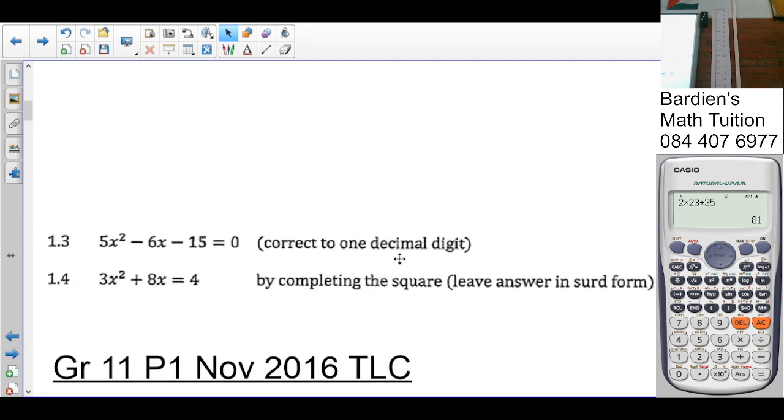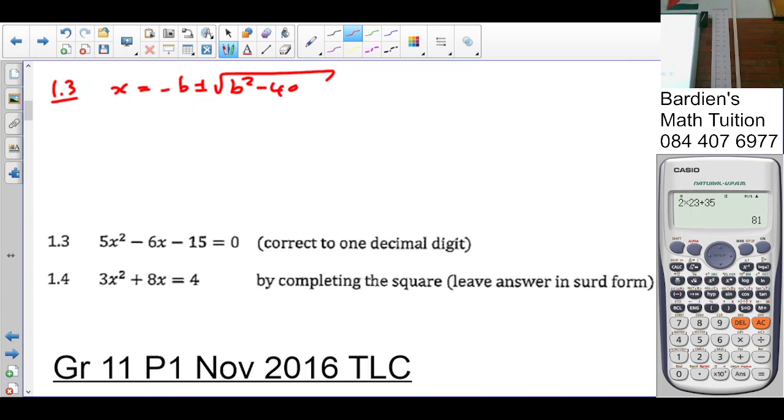The next question is 1.3. When it says correct to one decimal digit, then we know you must use the quadratic formula. So x is equal to minus b plus minus the square root of b squared minus 4ac over 2a. The question is 5x squared minus 6x minus 15 is equal to 0.